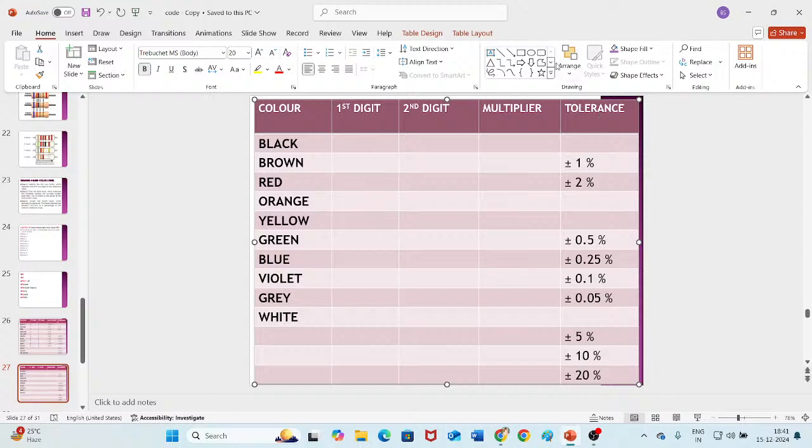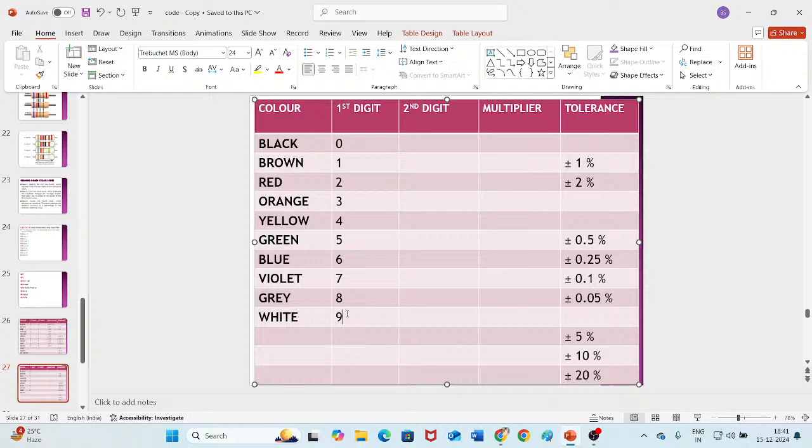So digit 1, digit 2, multiplier, tolerance. So let us write down digit 1 values. Just write down the sequence from 0 to 9: 0, 1, 2, 3, 4, 5, 6, 7, 8, 9.